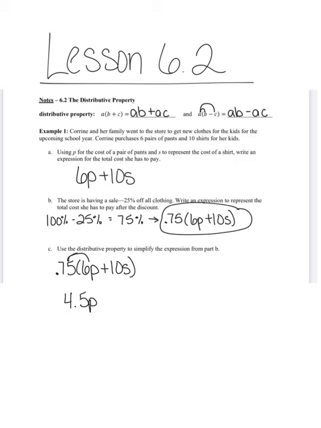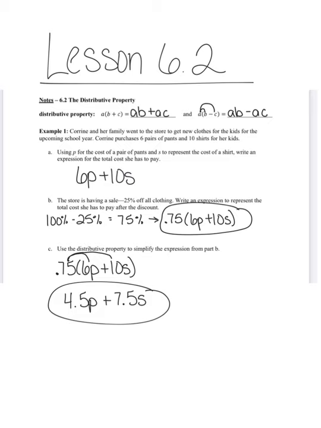And then I'm going to distribute the 0.75, that's 75% of 10S, which is 7.5S. And this is my final expression now.